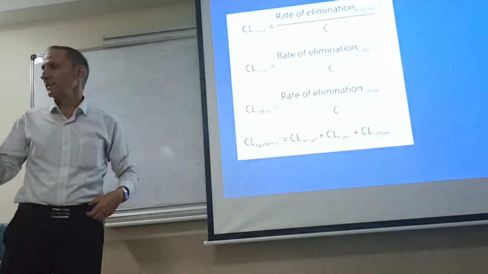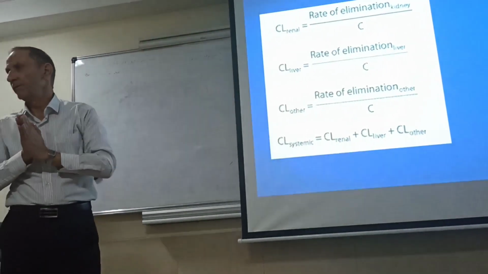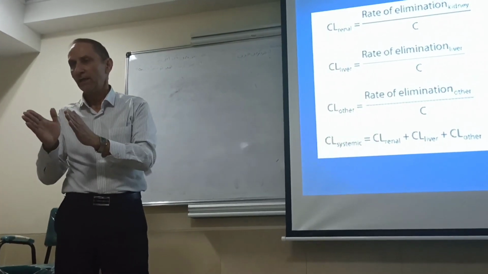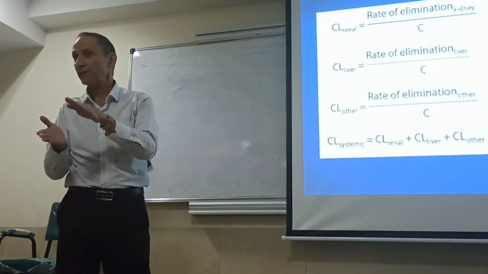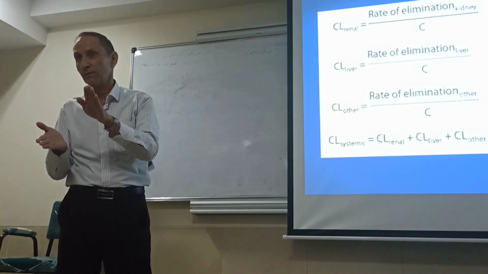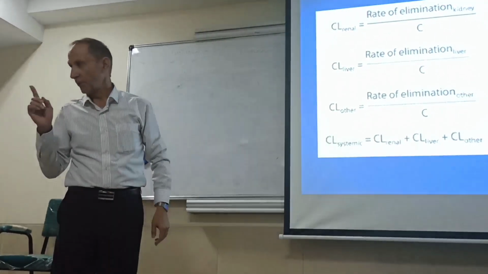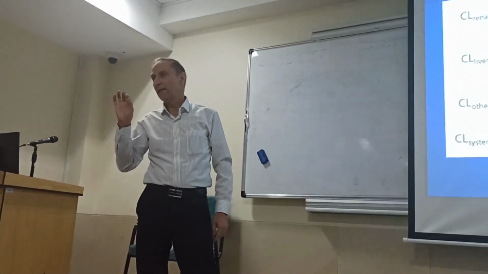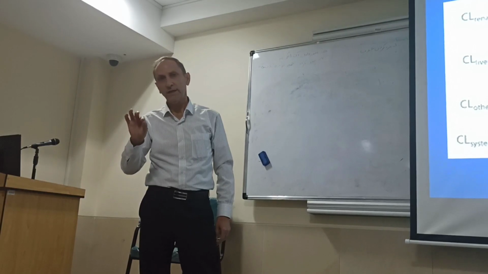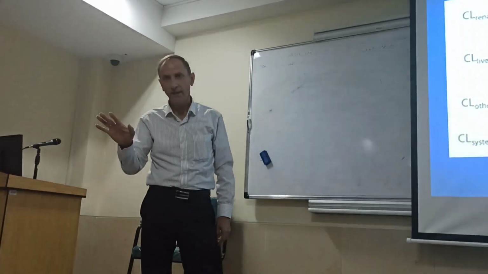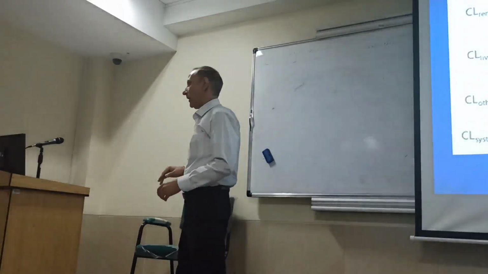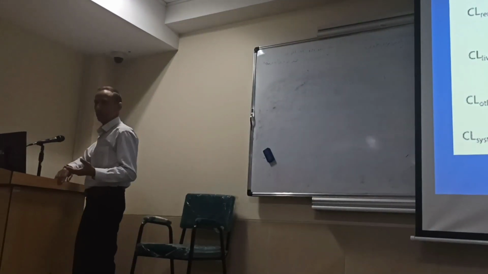And the importance is that in cases of kidney insufficiency or renal insufficiency, we should adjust the dose. For drugs that have a high renal clearance, in cases of renal insufficiency, we should adjust the dose. If we don't, we have toxicity.